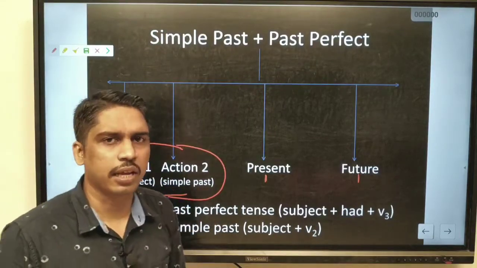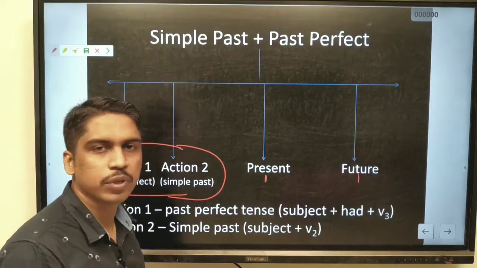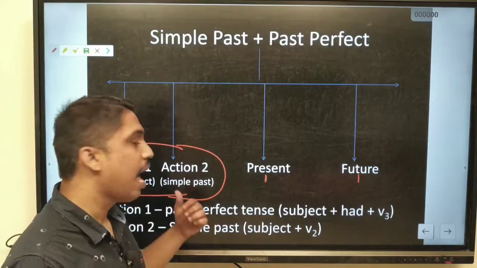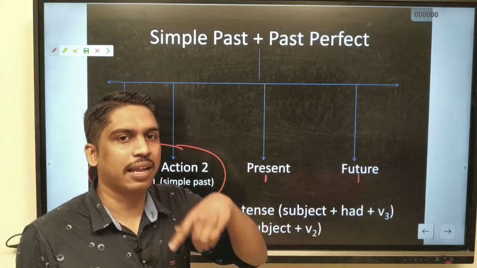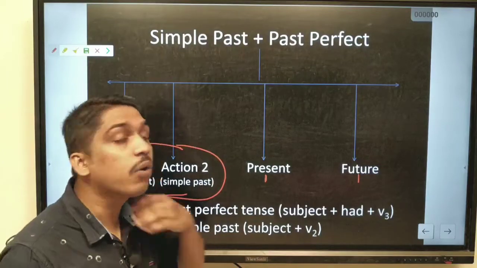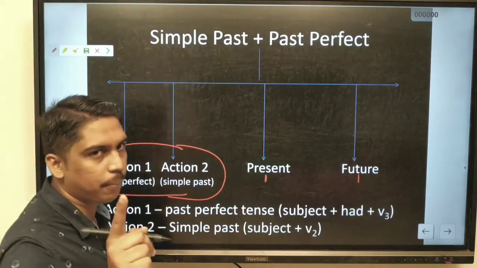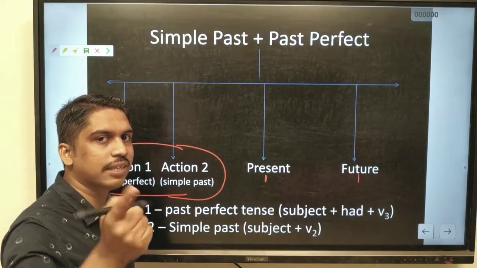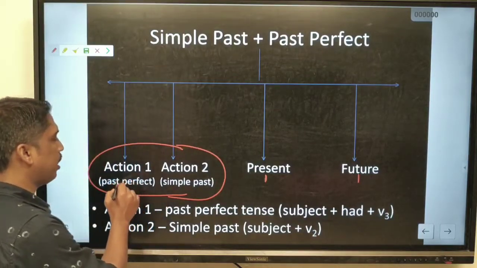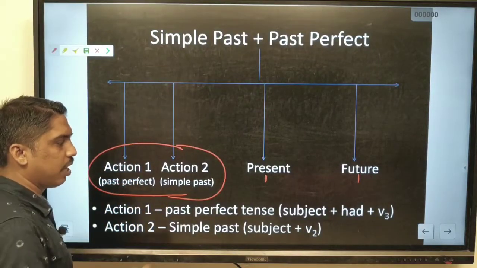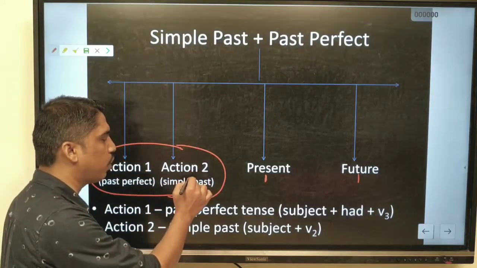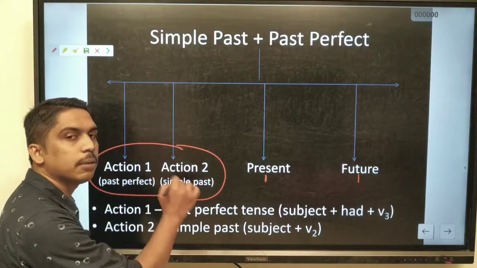And imagine that two things happened yesterday, and one was before another one. Then how can we say? Yes, the first action that happened should be told in past perfect. And the second action should be said in simple past.